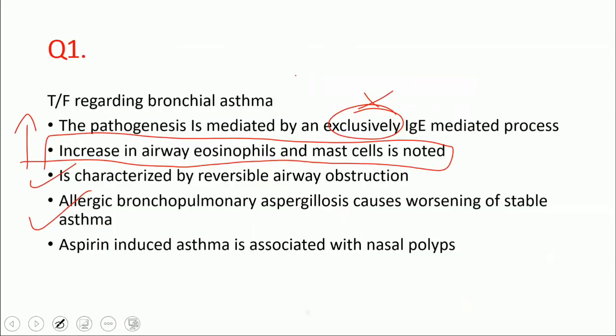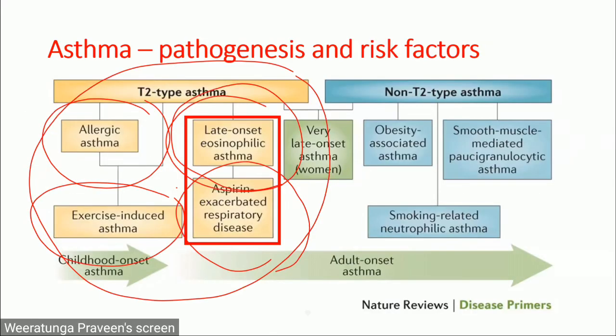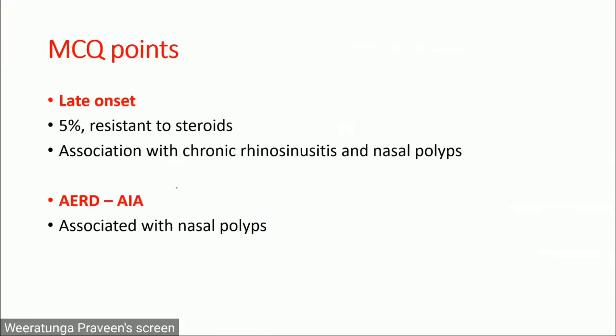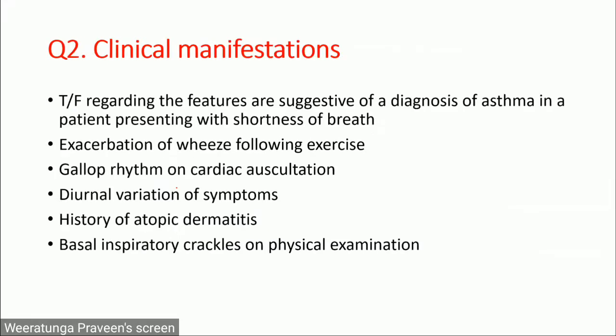I think a question was asked about this, and the fifth option is correct: aspirin-induced asthma is associated with nasal polyps. So that is true. Okay, so we now know that not all asthma is eosinophil IgE, and we have talked about a few of the triggers and precipitants. Any questions about that?